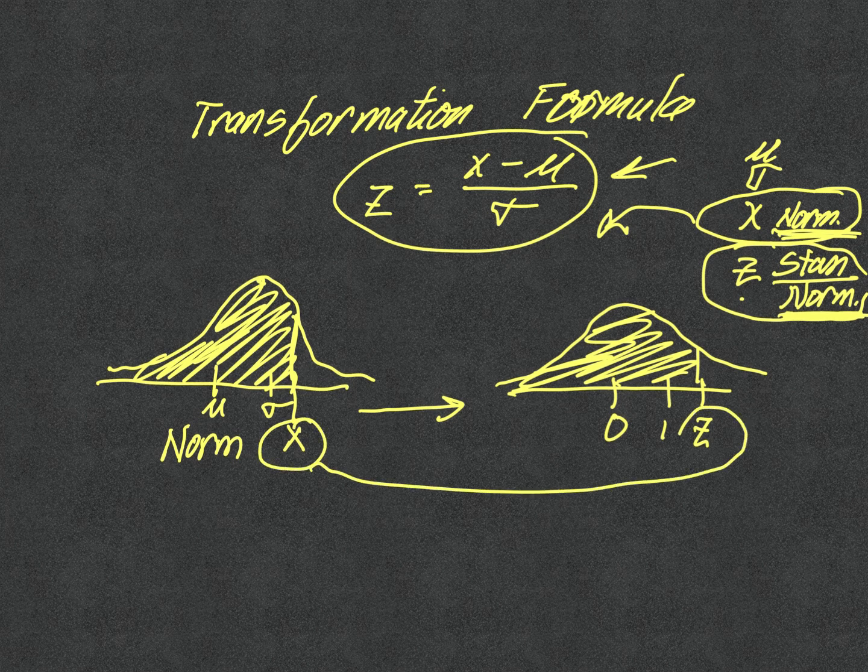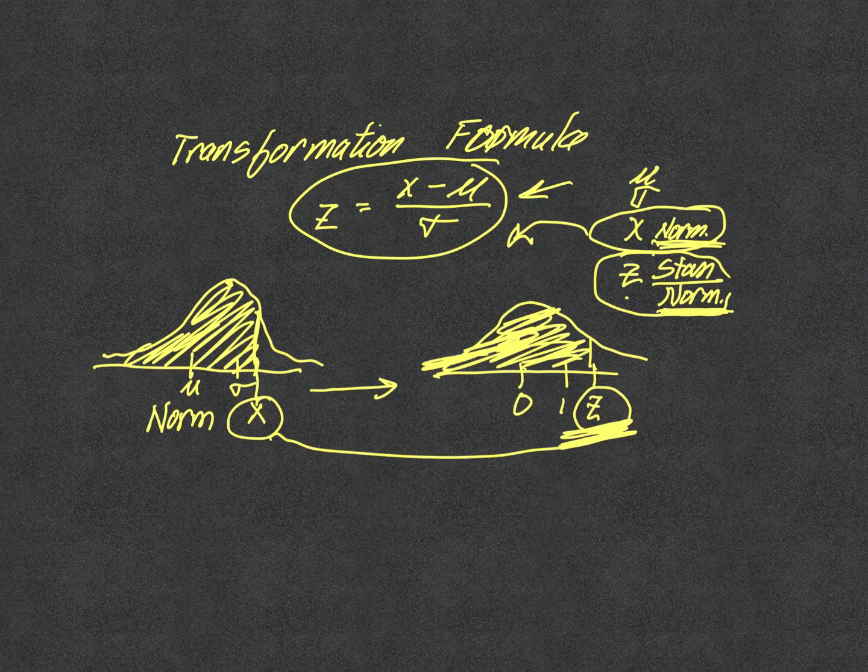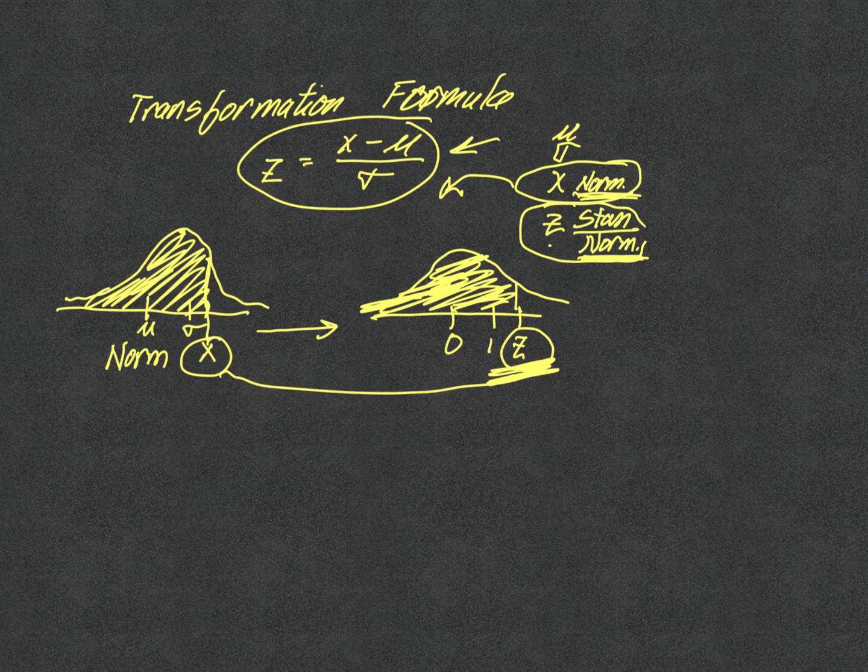And because all normal curves have an area of 1, they're all symmetric, they have the same characteristics, this Z value in the standard normal will have the same probability as in the regular normal data, okay? And so there's a procedure for doing this, and here's how the procedure goes.